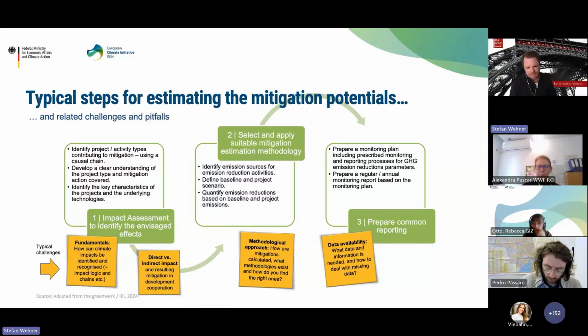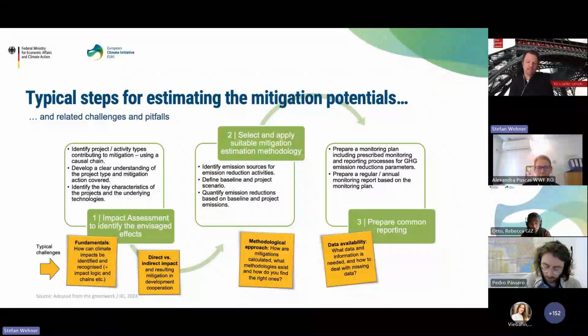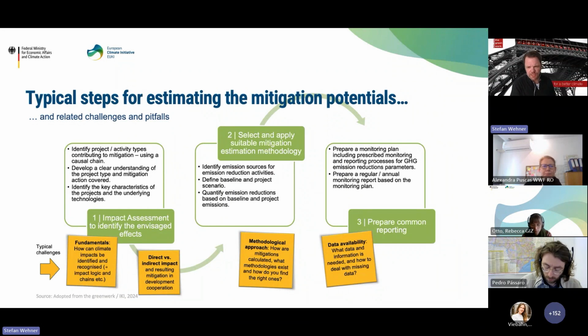The final step, which is in particular important during the implementation, is to have a good understanding of which data you need for the monitoring, which data you need for the estimation ex ante in the beginning, but also then ex post during the implementation of your project to verify your emission reduction.